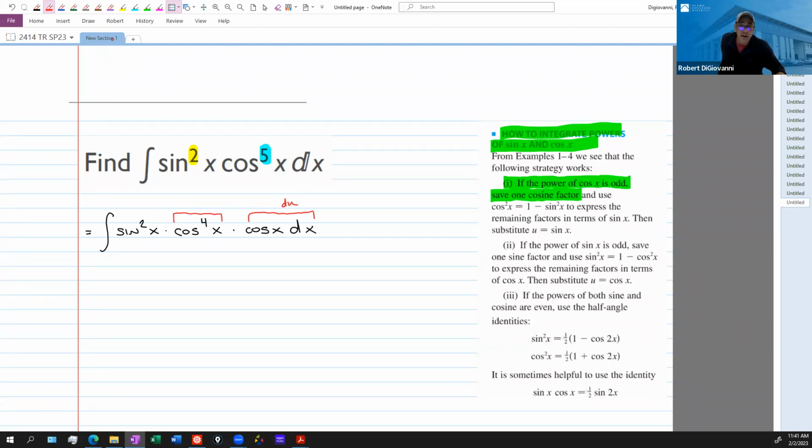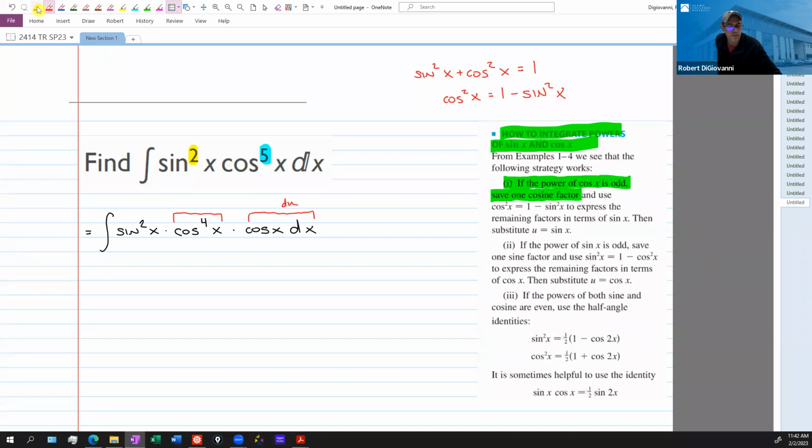That's where the Pythagorean identity comes in. The Pythagorean identity allows me to switch back between sines and cosines. So let me write the Pythagorean identity up here. And you can solve that for cosine or for sine. So if I solve it for cosine squared, I get 1 minus sine squared x, right?